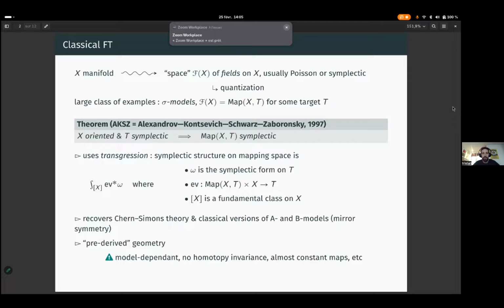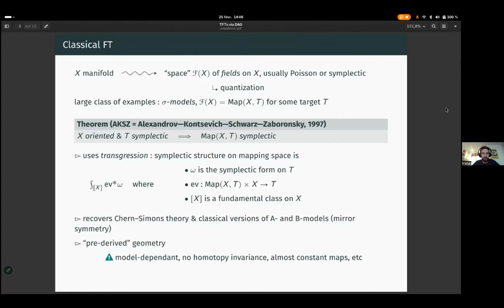That already raises some questions from a mathematician's perspective. If you're into algebraic geometry, for instance, you're probably not very comfortable with what a mapping space is. We'll see that later. That's a big part of the problem.